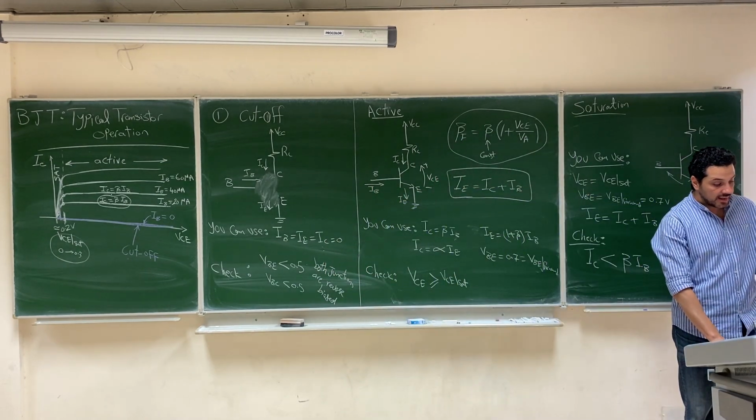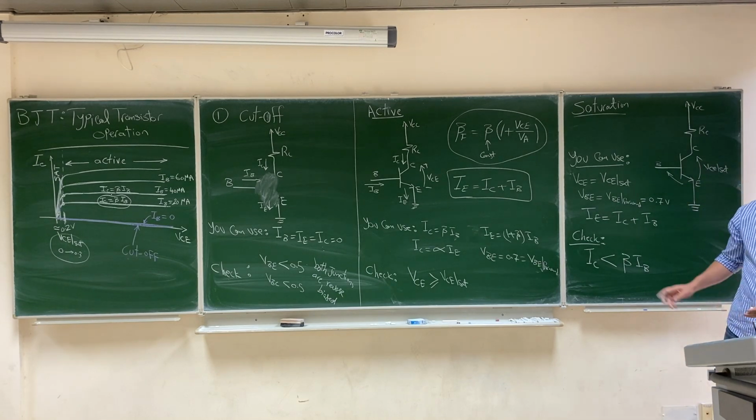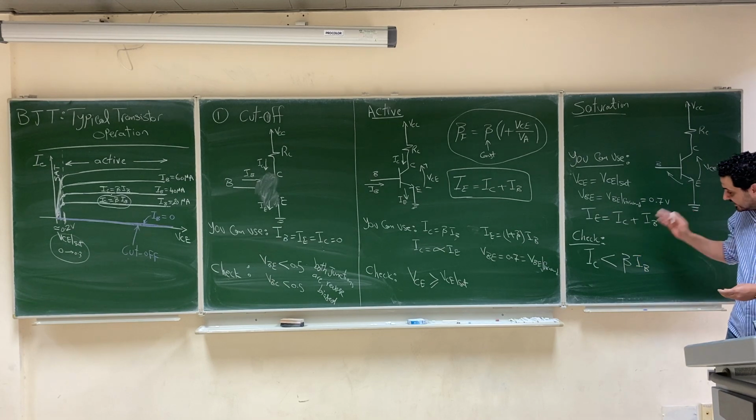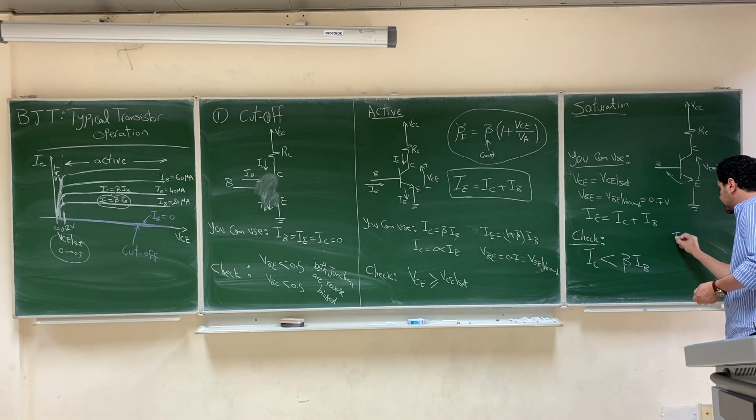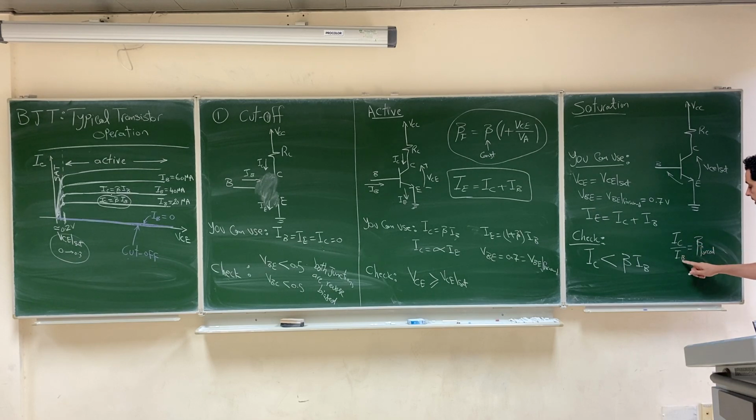Sometimes they call this beta forced. Sometimes they call IC over I base beta forced. So the ratio between IC and I base in the saturation region will be beta forced, which must be less than beta.